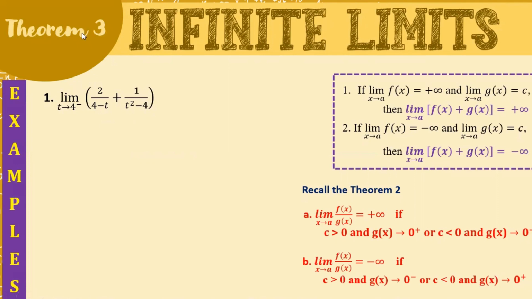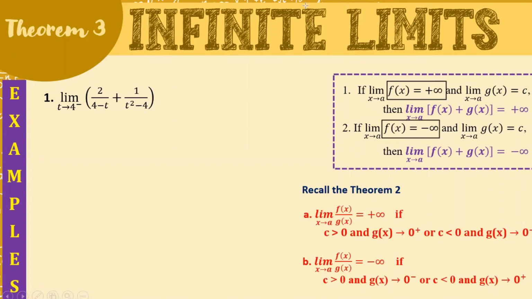Nilagay ko dito sa gilid yung theorems kasi baka makalimutan natin, in case lang makalimutan natin sila. Now, how can we determine if the f of x is positive or negative?